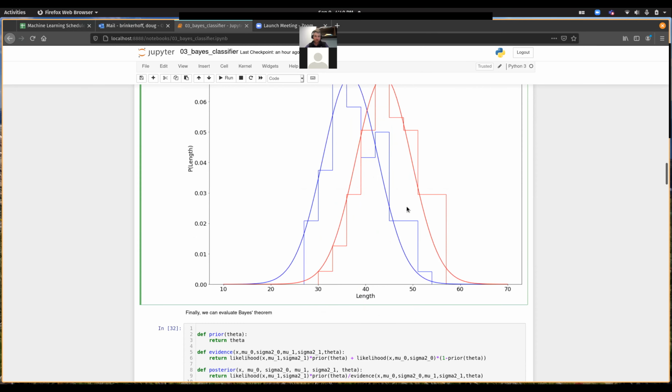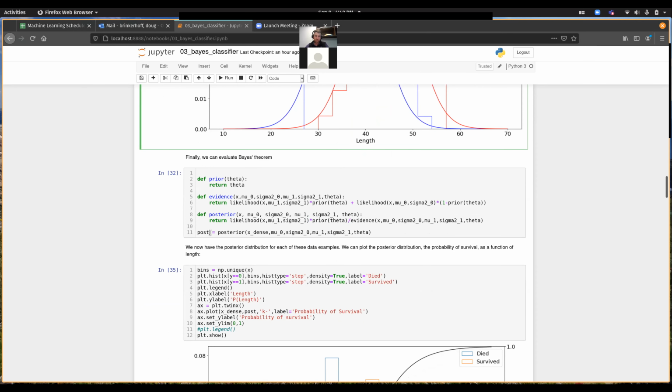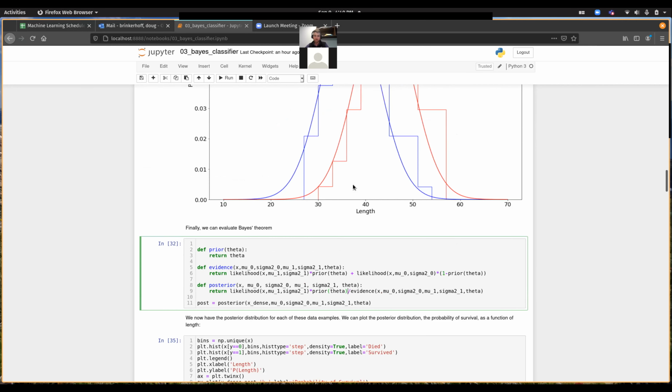So let's do that now. We can evaluate Bayes' theorem by saying the post, which I'm using as the variable to store my posterior distribution over survival, is this posterior, and this posterior is just likelihood with the survival class parameters times the prior with the theta that I learned divided by the evidence, because I want a true probability, and the evidence is just based on these parameters that I learned as well.